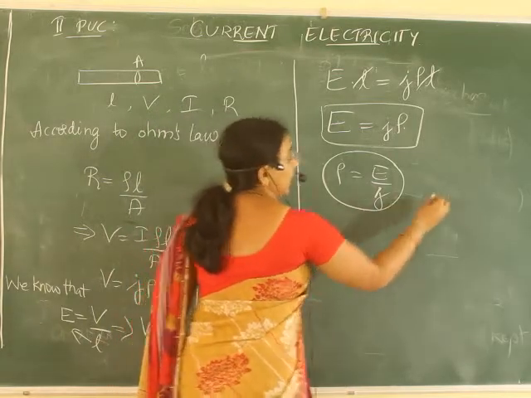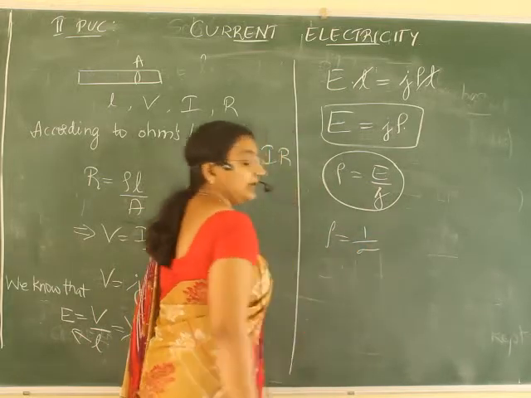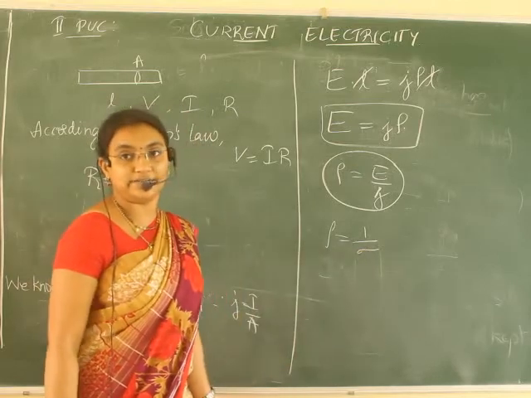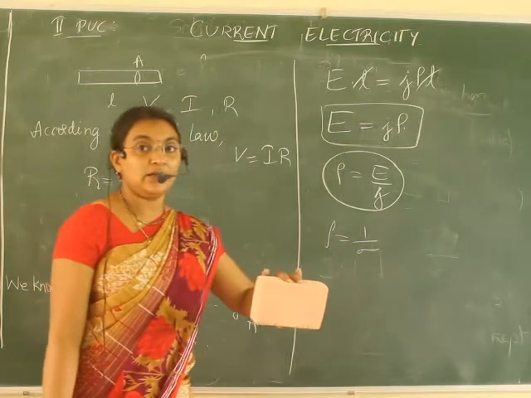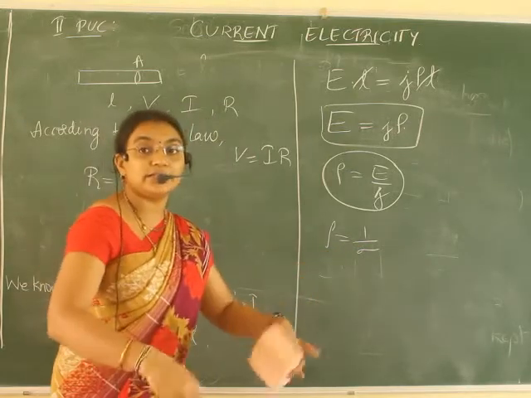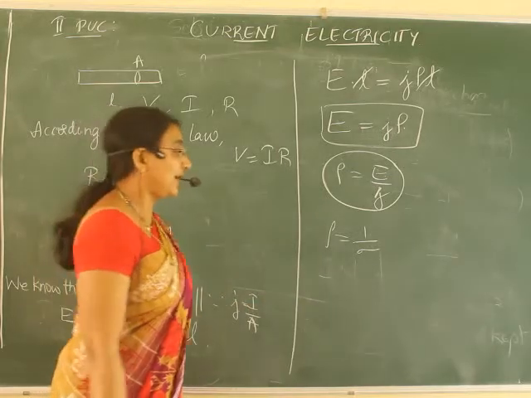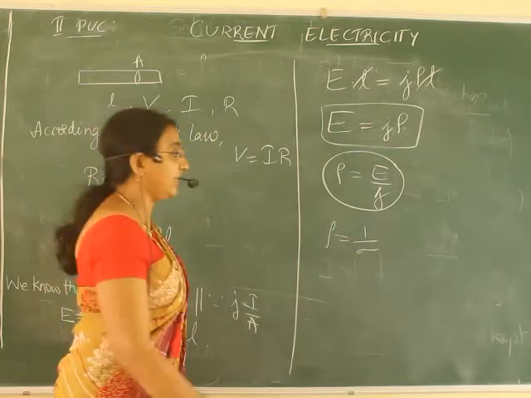That is, rho is the reciprocal of conductivity. Rho is resistivity, sigma is conductivity. Resistivity means opposition offered. Conductivity is the opposite of resistivity. So, resistivity is the reciprocal of conductivity.